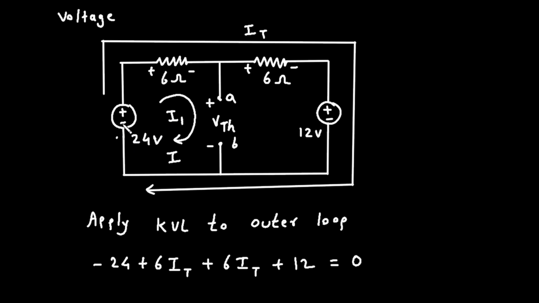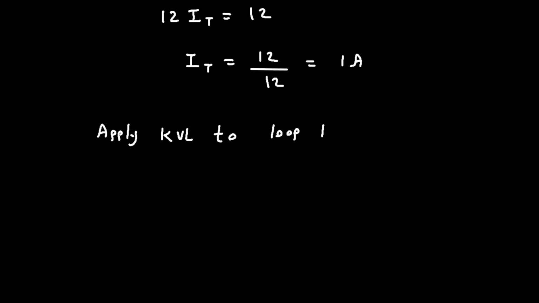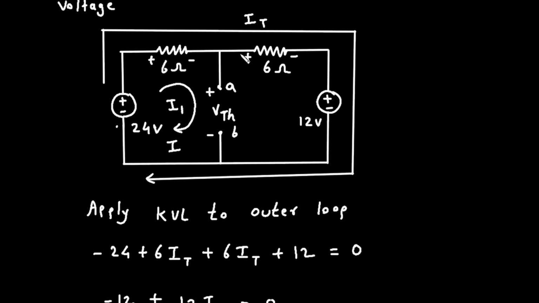Let's say again we are starting from this minus 24. So minus 24. Then plus 6. Now here this IT and this I1 will be same because the current through this 6 ohm will be same. So this IT is equal to I1.